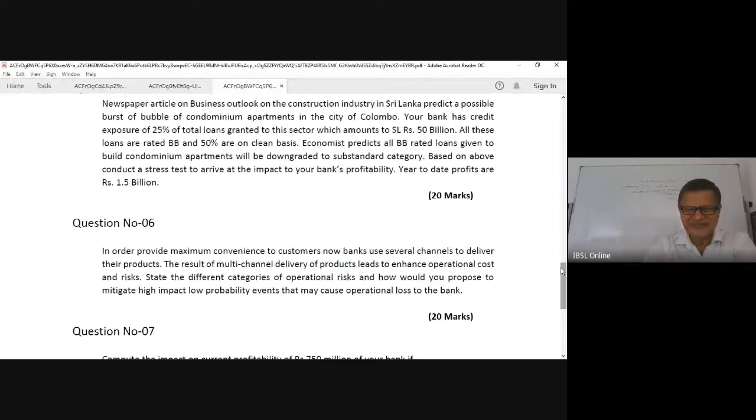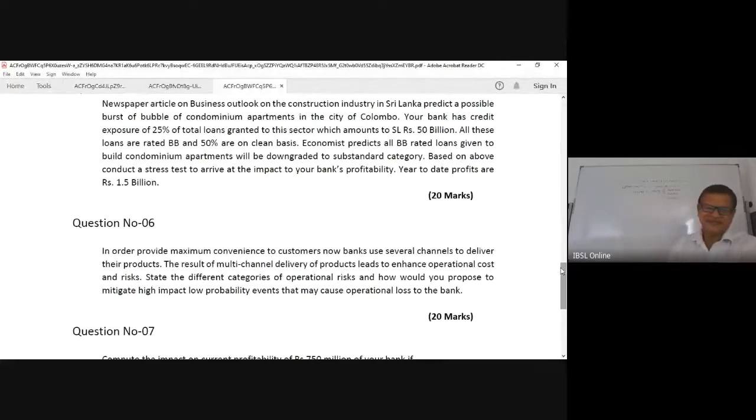So far you have built this up. The question says: state the different categories of operation risk and how would you propose to mitigate high impact, low probability events that may cause operational loss to the bank.